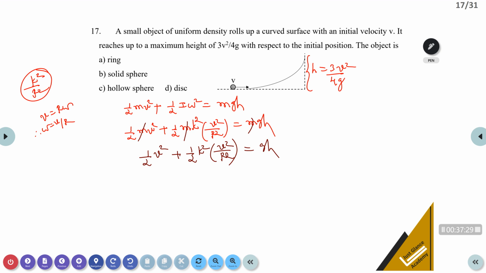I will multiply by 2 on both sides. That means v square plus k square divided by R square into v square equal to 2gh.